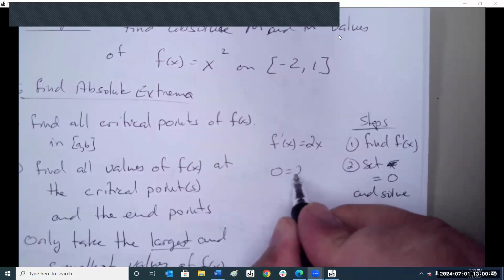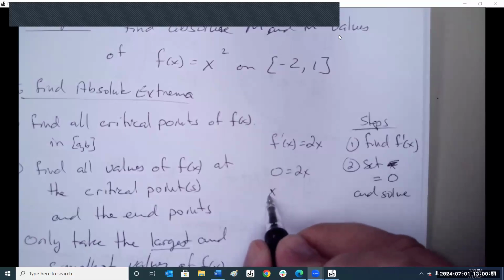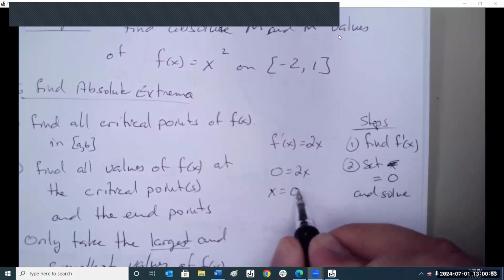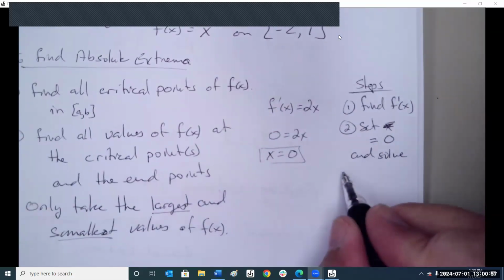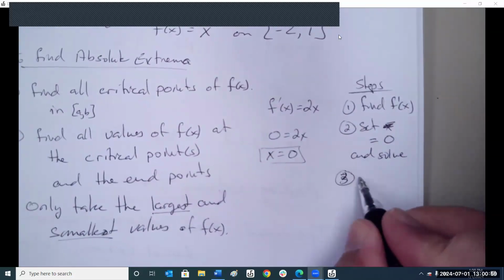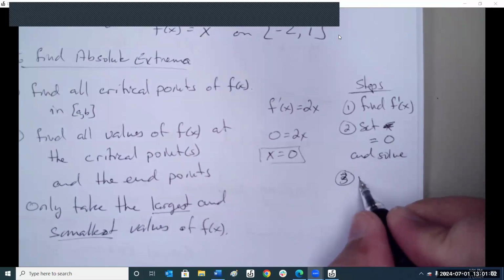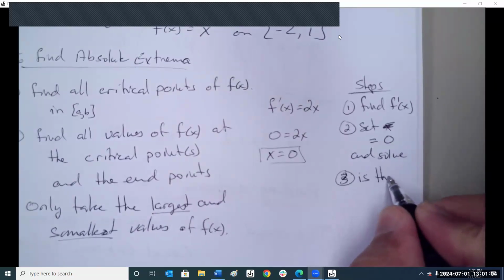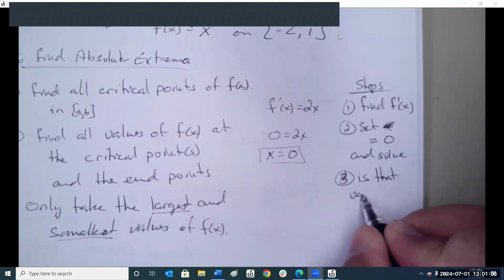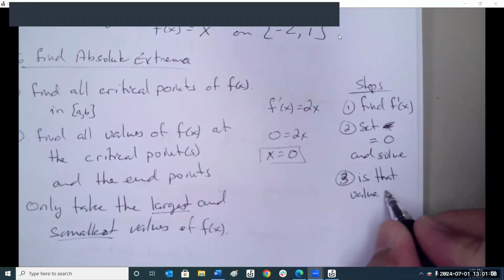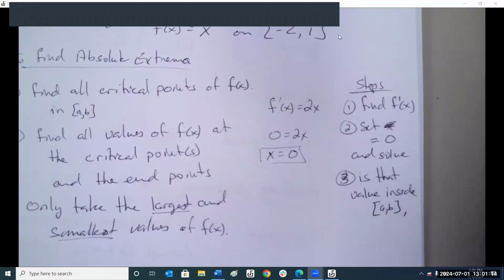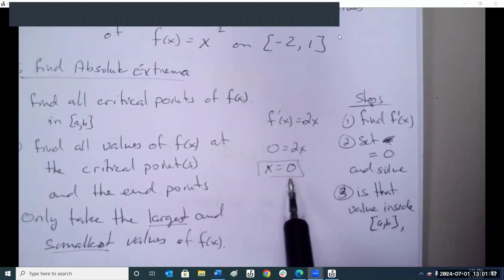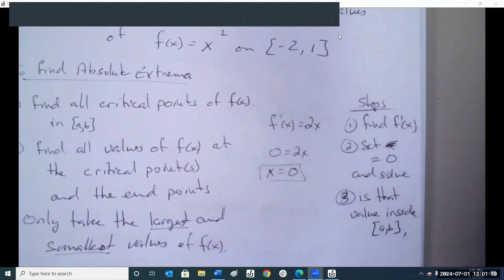So 0 equals 2x. Divide both sides by 2, x equals 0. Is that value inside the closed interval? So is 0 inside -2 and 1?